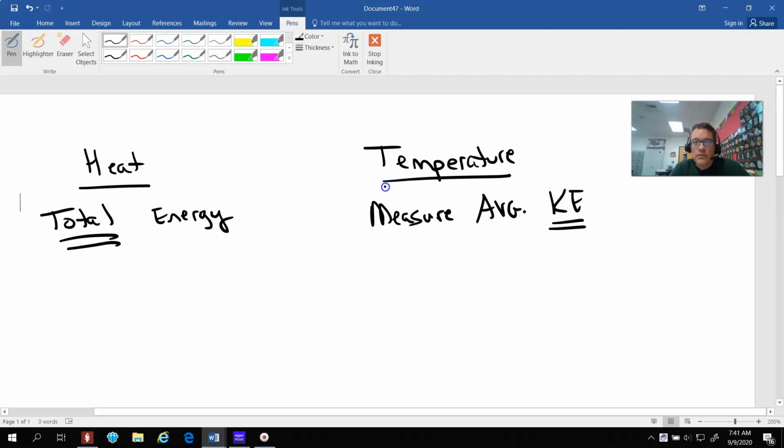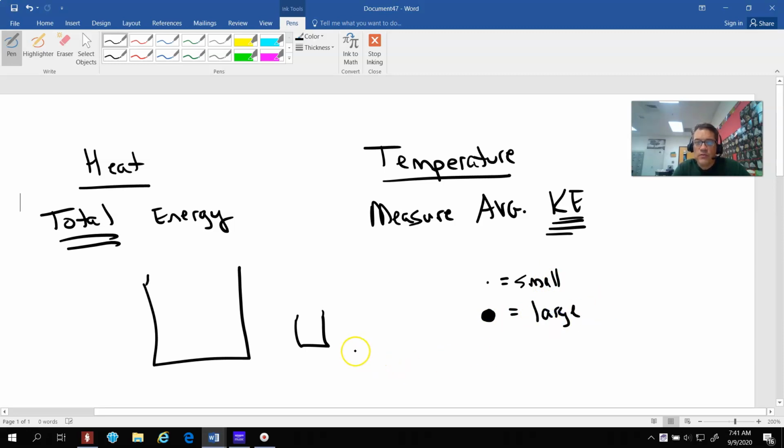Okay, so let's think about how this works, because we could have a couple of objects that we could compare. So let's say I've got this large container and I've got this little tiny container. And I'm going to let the amount of kinetic energy be represented by the size of the dot. Alright, so let's say a little tiny dot is going to equal something that has a small amount of energy, and a large dot would be a large amount of energy.